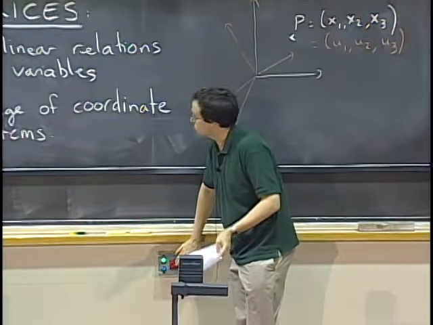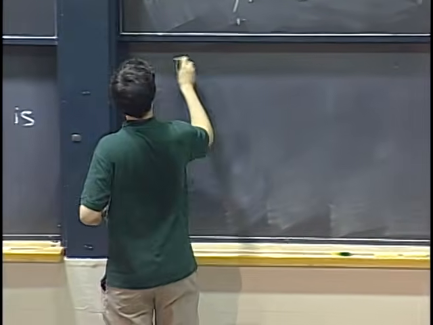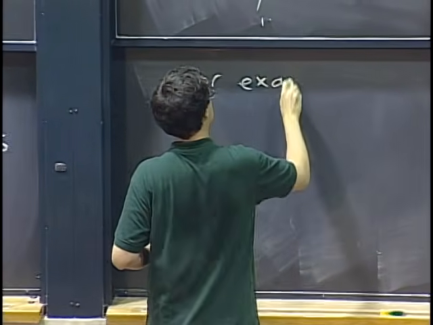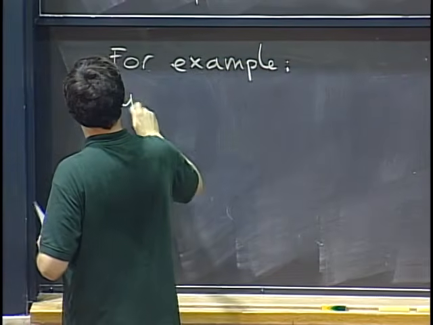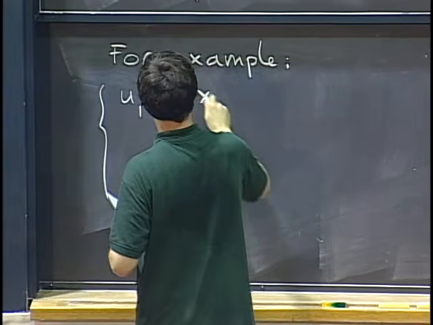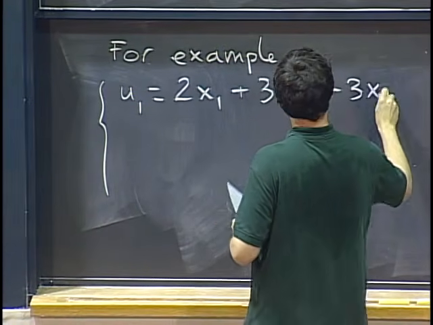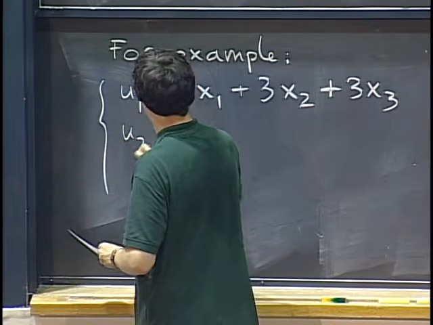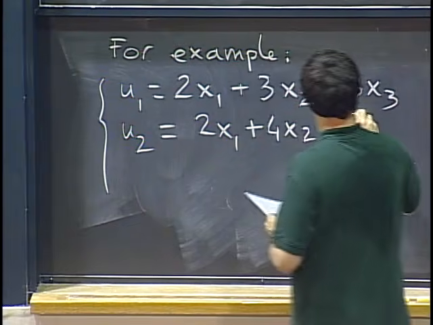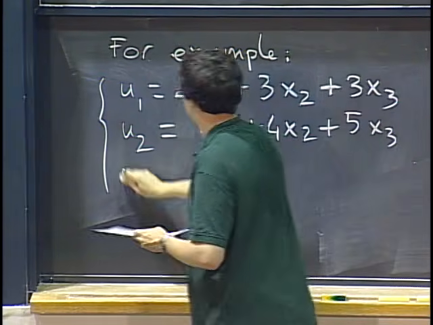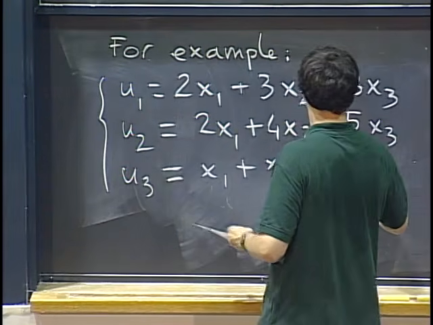So let me just give an example. Let's say, for example, u1 could be twice x1 plus 3 times x2 plus 3 times x3. u2 might be 2 times x1 plus 4 times x2 plus 5 times x3. u3 might be x1 plus x2 plus 2 times x3.